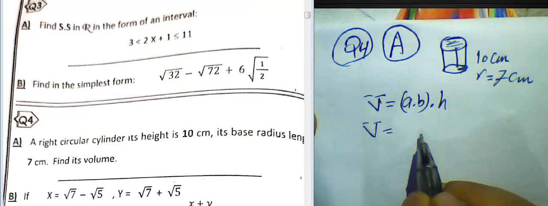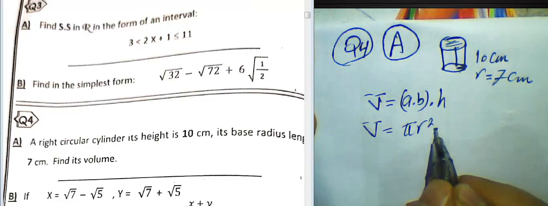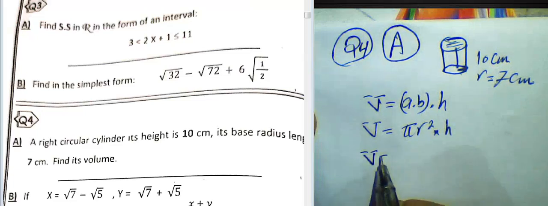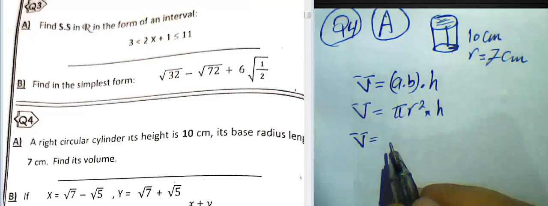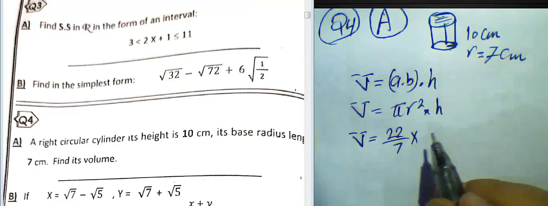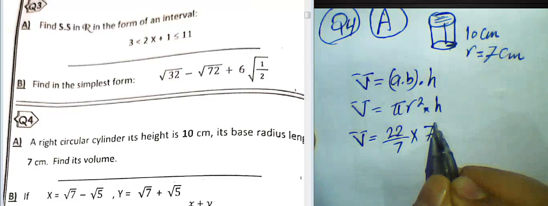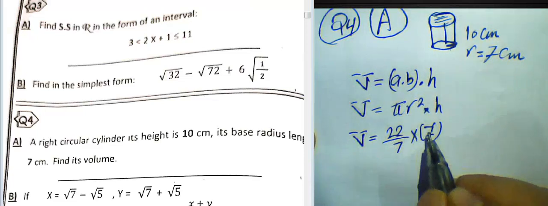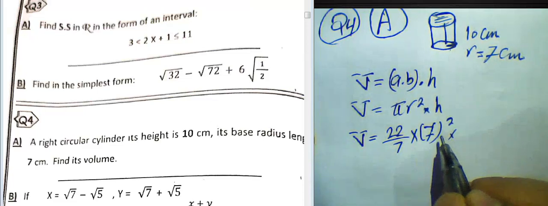Area of the base equals 22 over 7 multiplied by r power 2, multiplied by the height. The volume equals 22 over 7 multiplied by r power 2. R here was 7, r refers to radius. Radius power 2 multiplied by height 10.